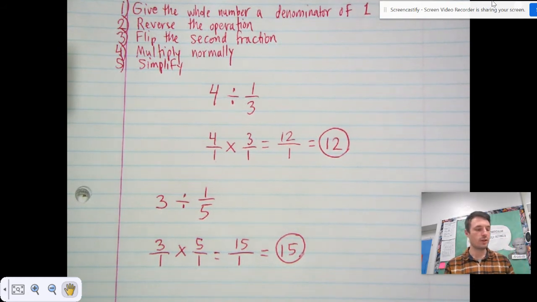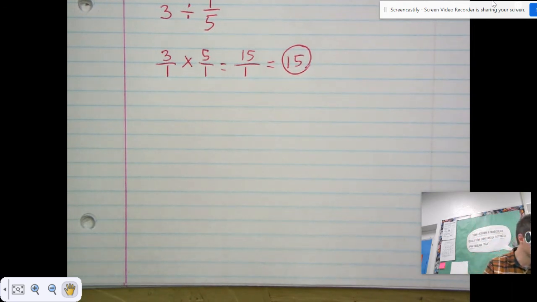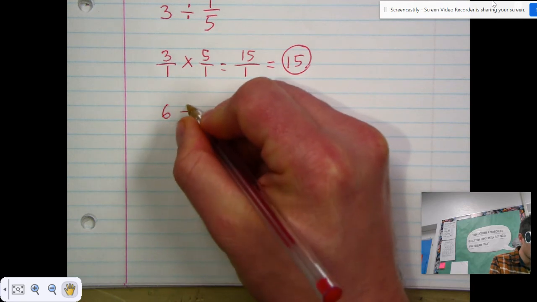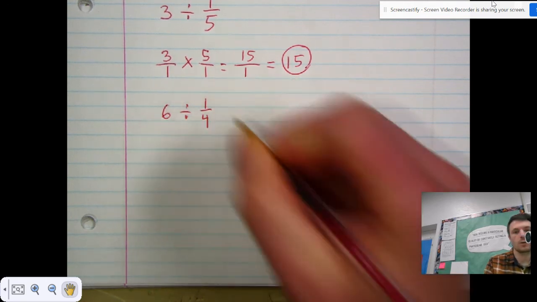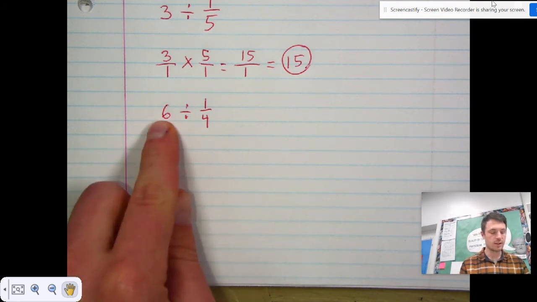So give the whole number a denominator of 1, reverse the operation, flip the second fraction, multiply normally, then simplify. Let's do another example. You can't see the steps anymore, but hopefully you wrote them down on your own paper. Let's do 6 divided by 1/4. Step 1 is give the whole number 6 a denominator of 1.